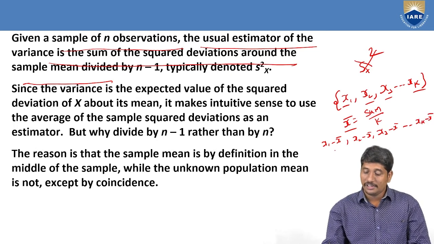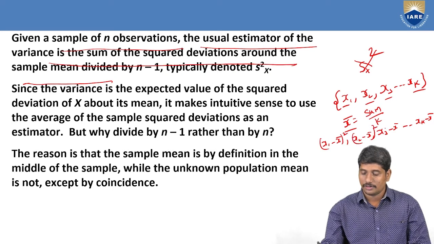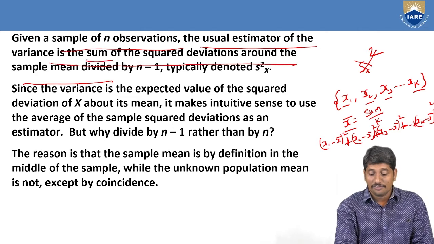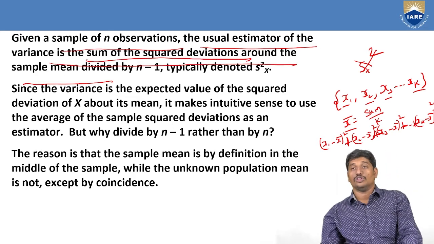Now let us square each deviation, and then add all these squares. This is called the sum of square deviations around the mean.